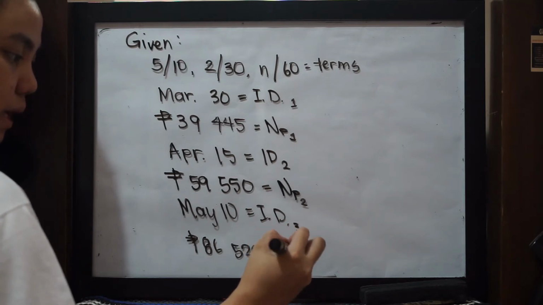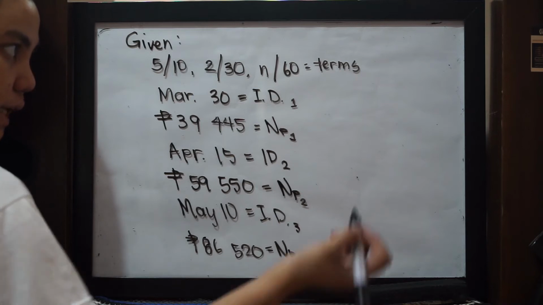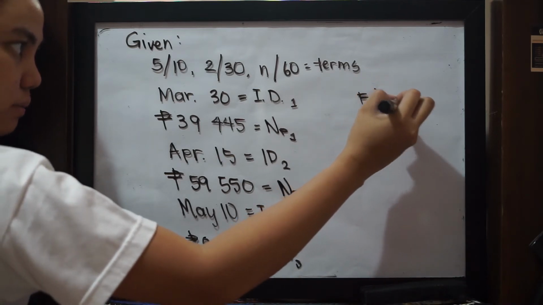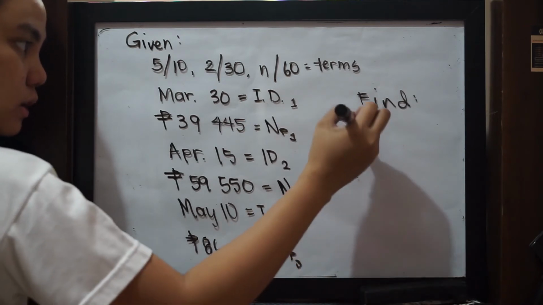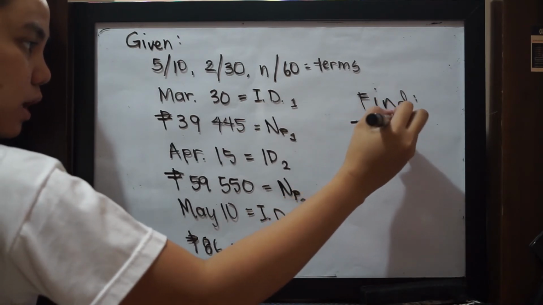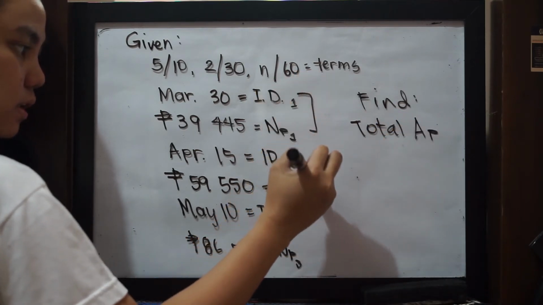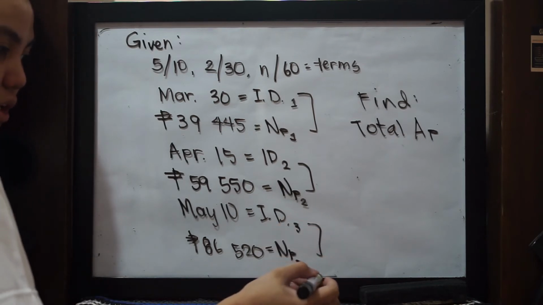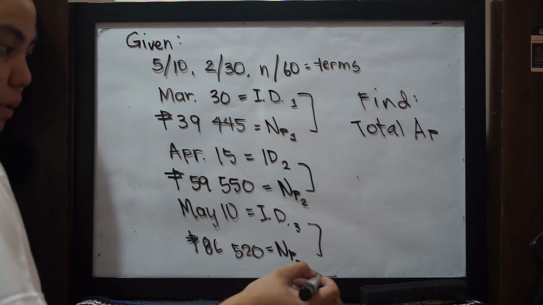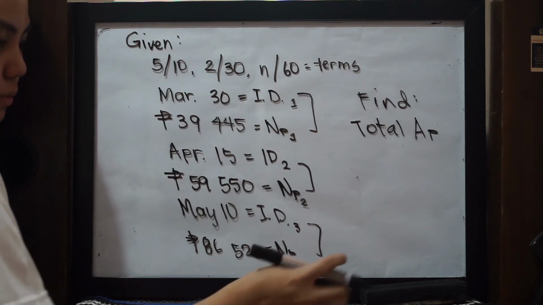So these are all the given values. Next, for the find, obviously they're looking for the total amount payable for these 3 scenarios. So we will just do the same process for number 5, the same way that we did for problem number 4. So let's now proceed with the solution.